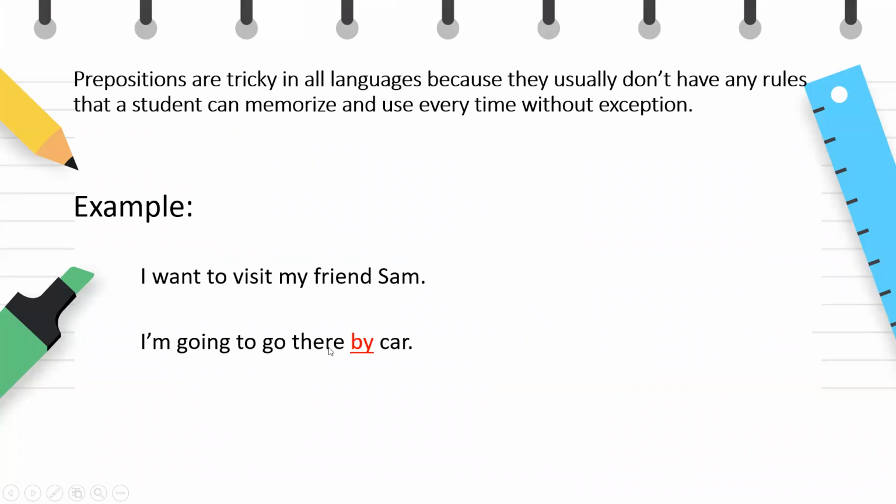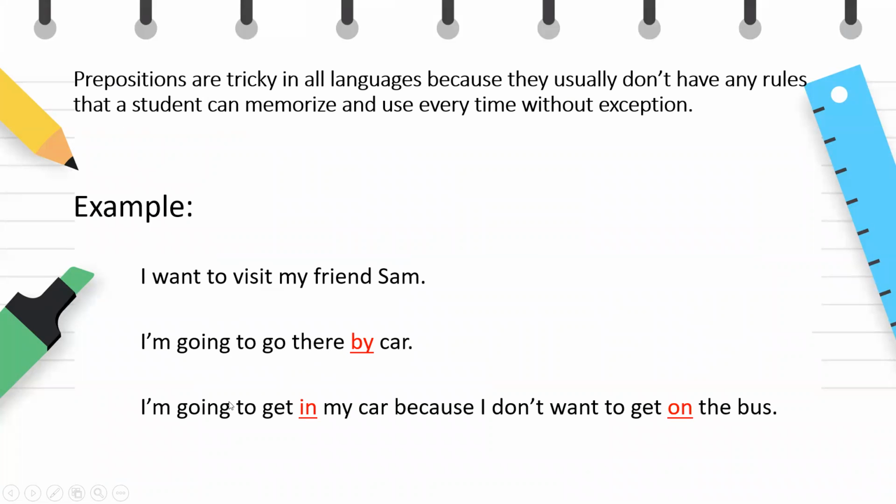I'm going to go there by car. I'm going to get in my car because I don't want to get on the bus. So the question is, why do we use by car, in the car, or on the bus? Well, it's quite simple.